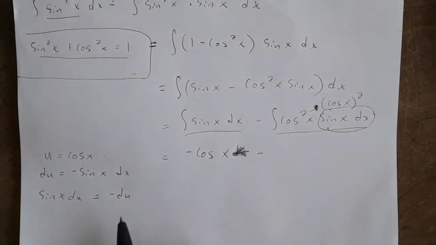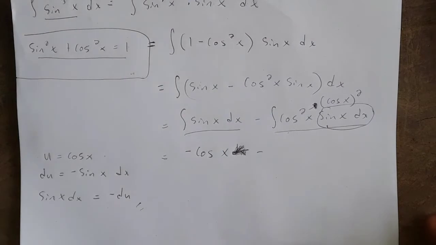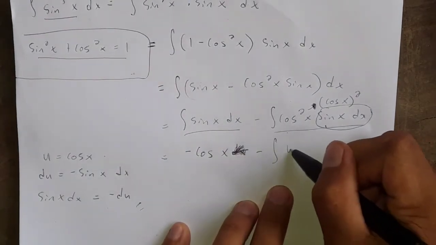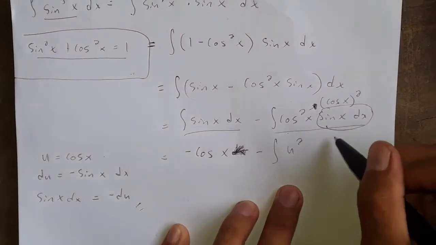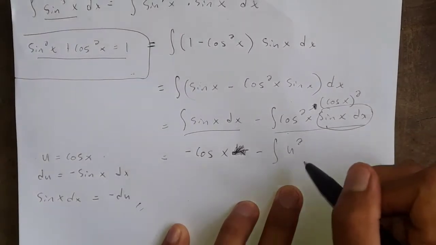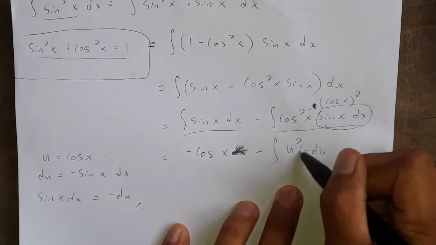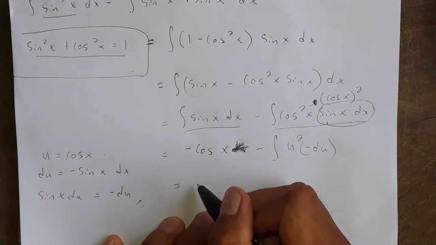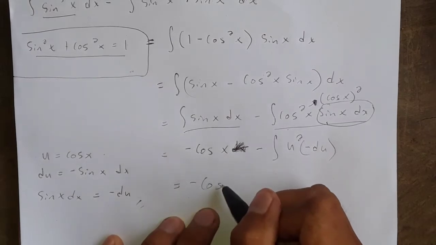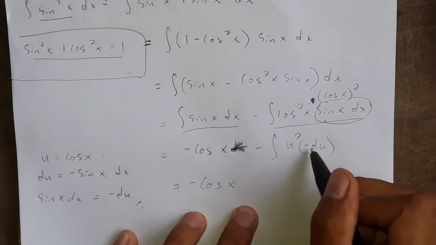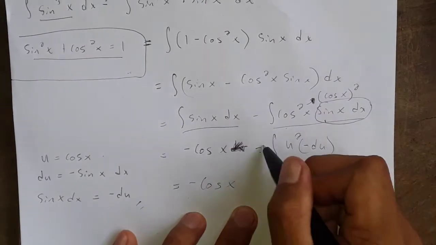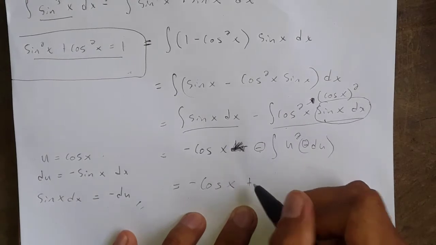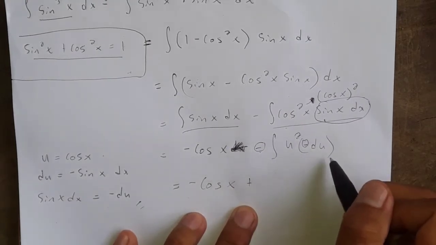So therefore, by substituting our represented function to the original function, we have the integral of u raised to 2 times our sine x dx, which is negative du. By simplifying, this is now the answer for the first term, minus cosine of x. Then we have negative here and negative here, so negative times negative would be equal to positive, the integral of u squared du.